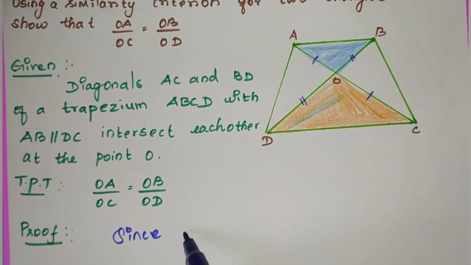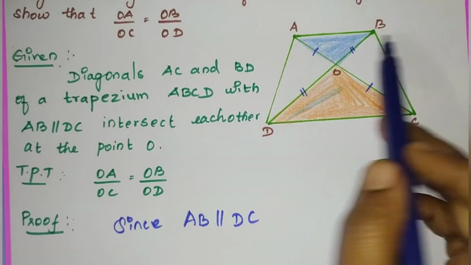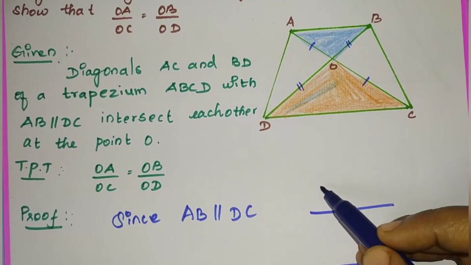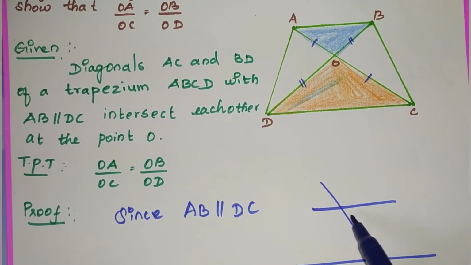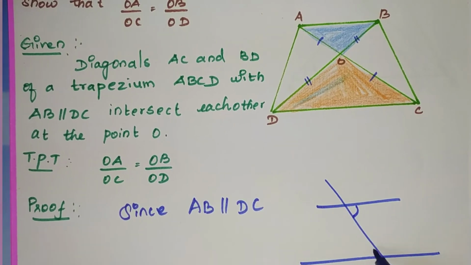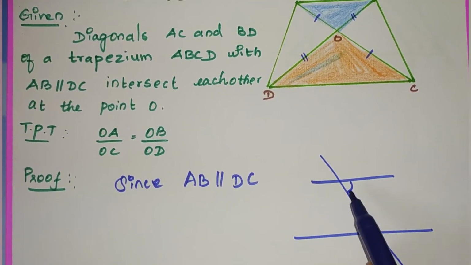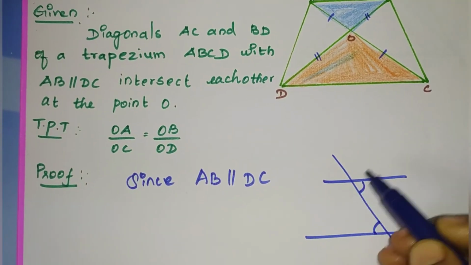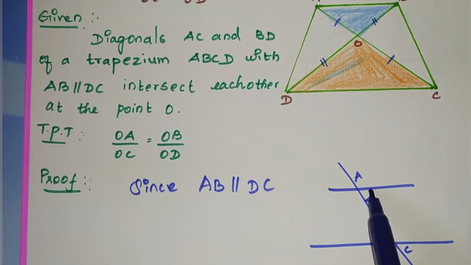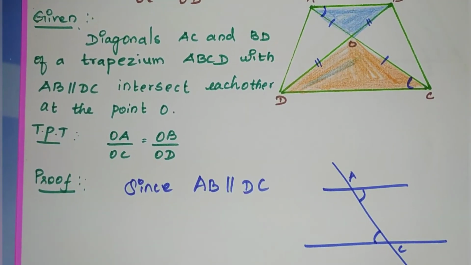Since AB is parallel to DC, these two lines are parallel, so I can tell that this is a transversal, and this angle is equal. Alternate interior angles. This is A and this is C. So angle A, that is this angle and this angle. Are you clear?